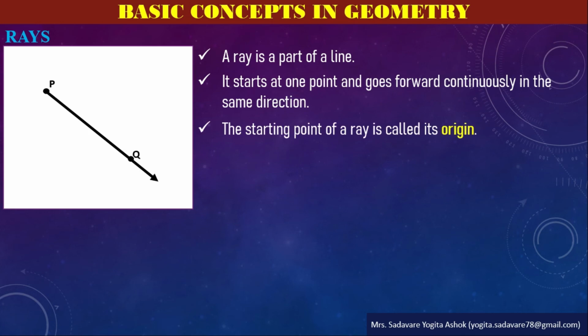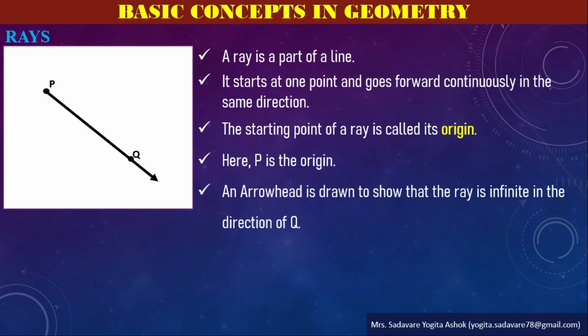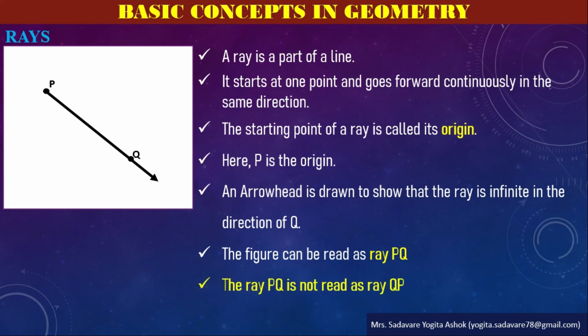The starting point of a ray is called its origin. Here, point P is the origin. An arrowhead is drawn to show that the ray is infinite in the direction of Q. This figure can be read as ray PQ. The ray PQ is not read as ray QP.